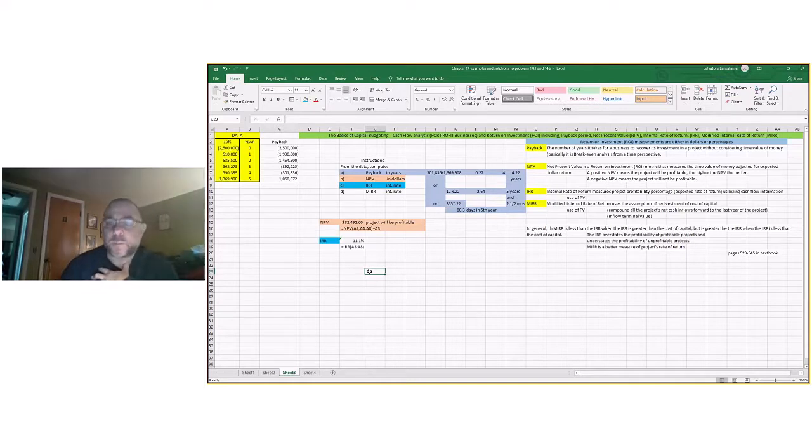So as I have over here, the IRR tends to overstate the profitability of projects, where MIRR kind of pulls back on the reins a little bit, saying, hey, take it easy. It may not be as good as you think. It'll still be good, but not as high as you may have thought. Or vice versa, depending on what you may have gotten. So let's go ahead and do the last one.